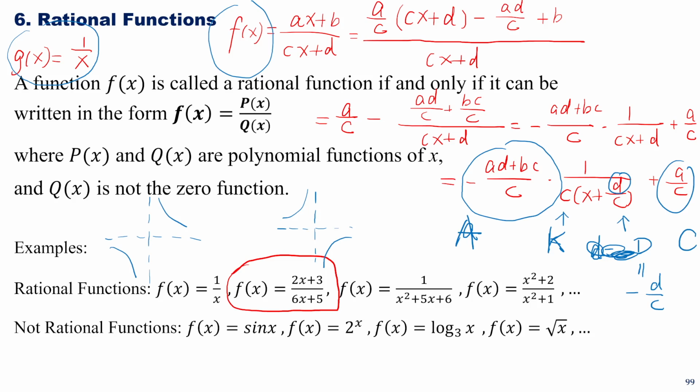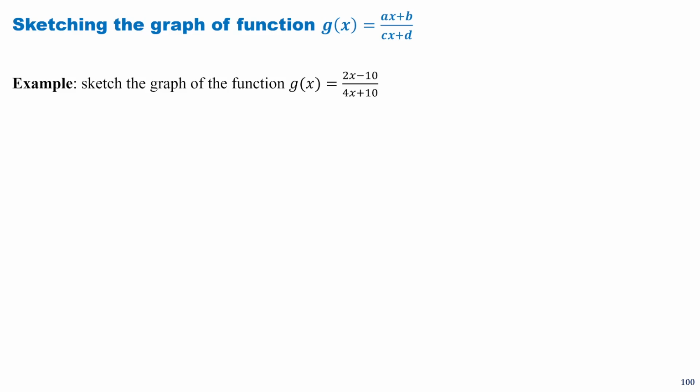So next, we can use a simplified method to decide whether you will have a graph like this or this. Let's use an example to illustrate the method. Make sure you can sketch the graph of such a function very quickly. So let's suppose we have an example like this: sketch the graph of the function g(x) equals (2x minus 10) over (4x plus 10). First of all, usually we'll simplify that function first.